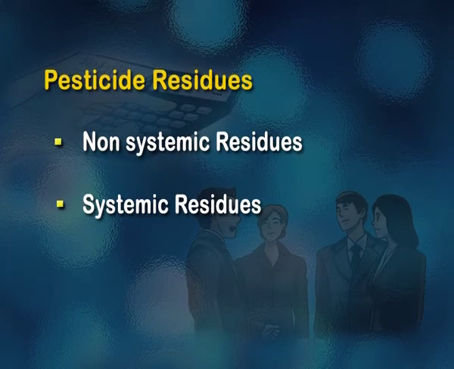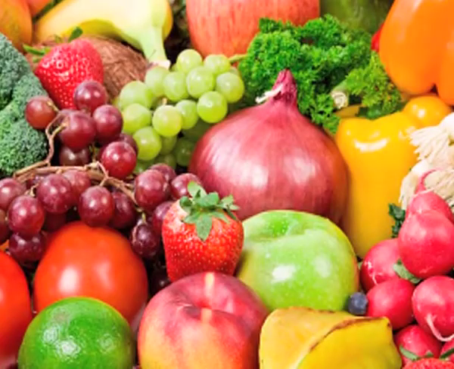Pesticide residues are again classified as non-systemic residues and systemic residues. Non-systemic residues are those which remain on the surface of foods. Once they are present on the surface of the foods, they can be removed when food is washed. Foods are subjected to various processing methods, like washing, peeling, husking or dehusking.